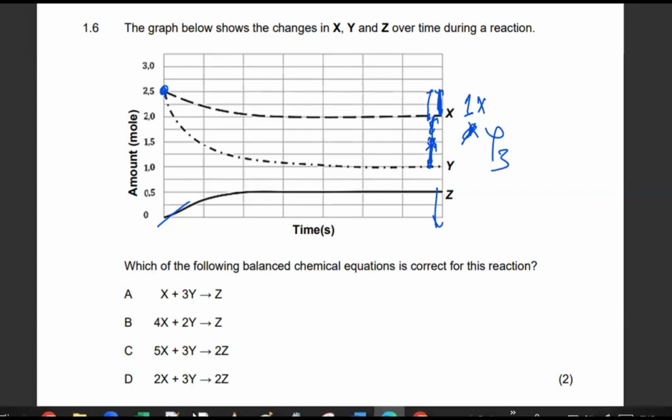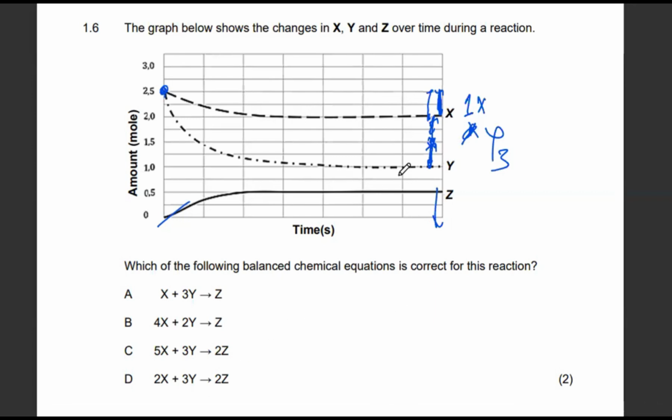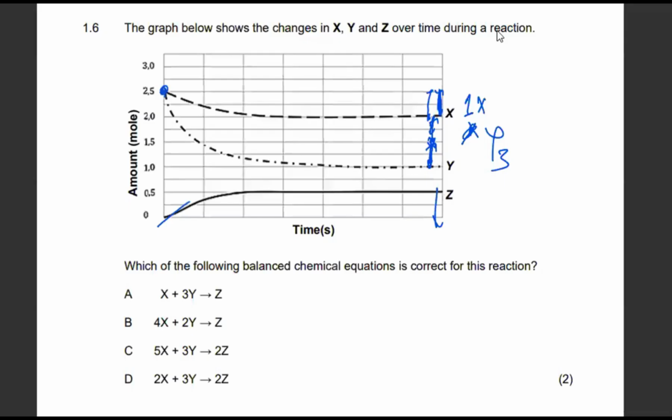When you look at that, I will need 3 moles of Y, 1 mole of X, and then because there are also 2 here, it will be 1 mole of Z.